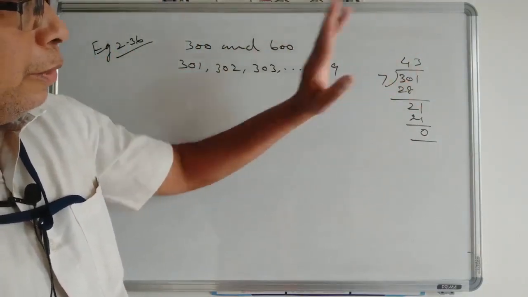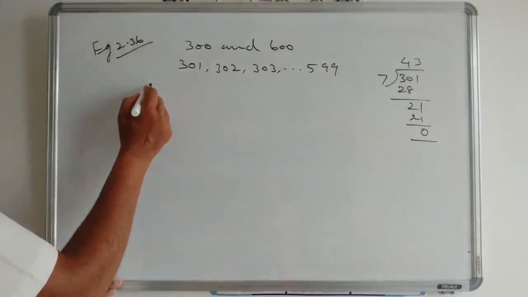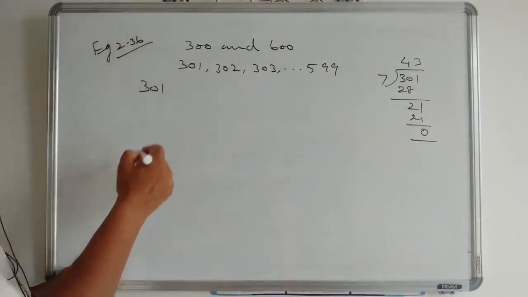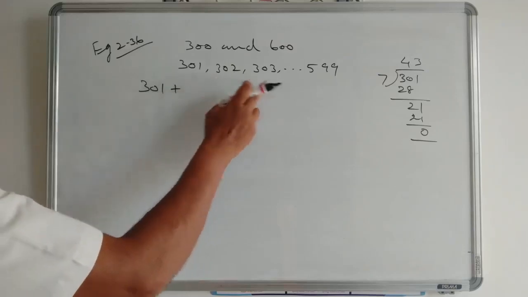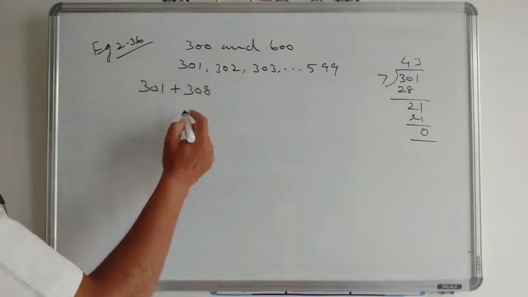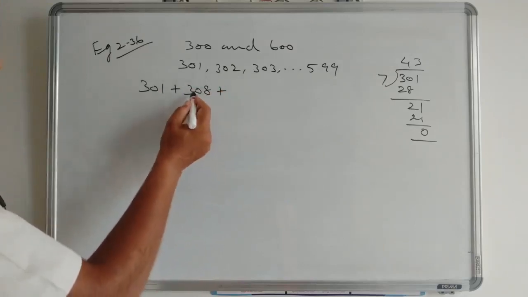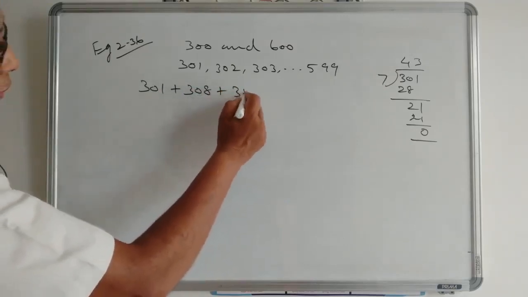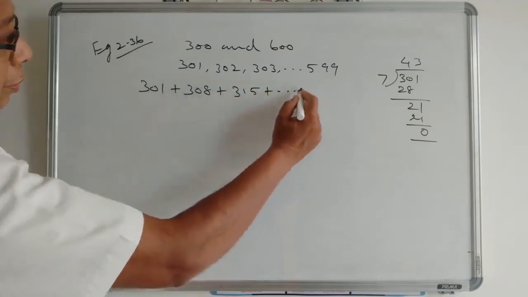Therefore 301 is the first number divisible by 7. For the second number, add 7 to the previous number: 301 plus 7 is 308, then 308 plus 7 is 315, and so on.